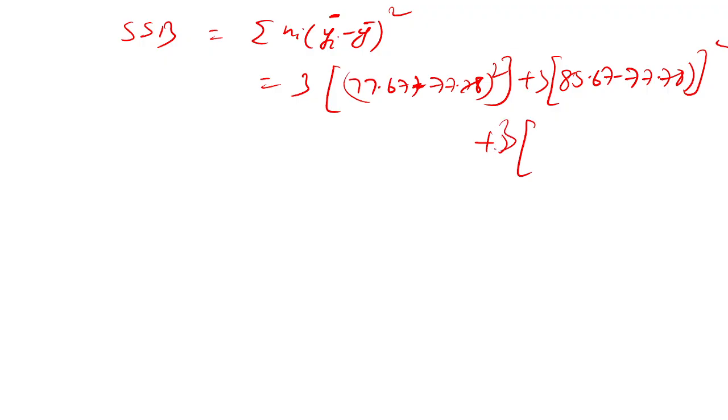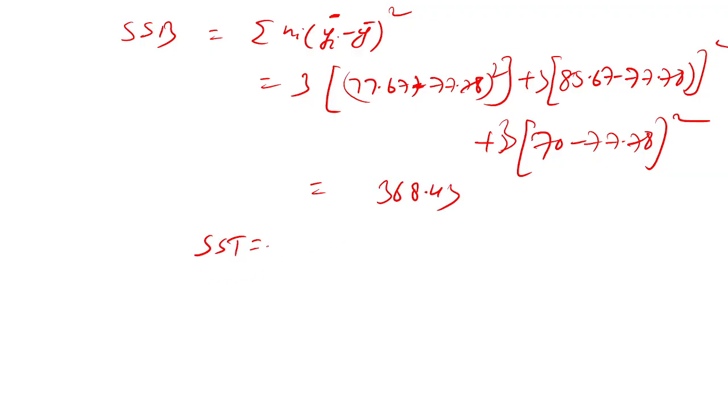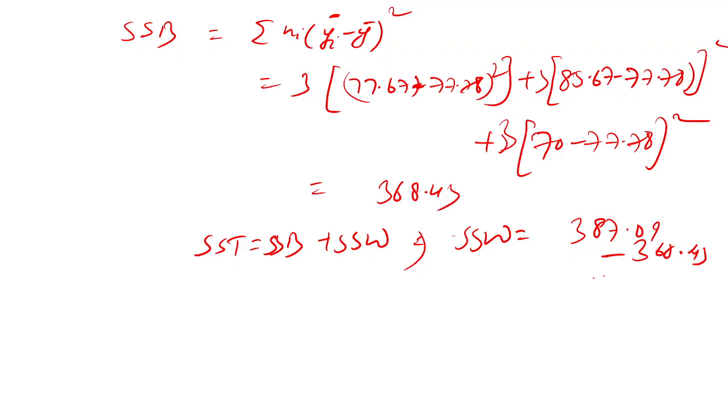Then the third group also has 3 values, so 3 times 70 minus 77.78 whole square. If we calculate the SSB, we'll get 368.43. So now we know SST is equal to SSB plus SSW. From here we can get SSW. How much will we get? 387.09 minus 368.43. We get 18.66. So now the degree of freedom.